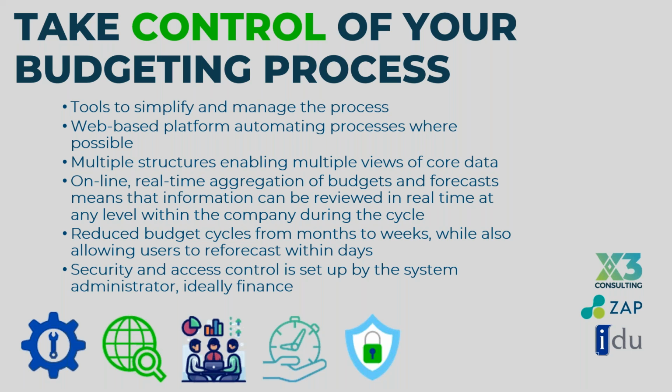Security and access control. Well, at the end of the day, a budget is a financial product. So if your budget is a financial product, then you need to be sitting in a situation where the finance department actually administer and manage all of that information. So therefore, they are the custodians of the information.